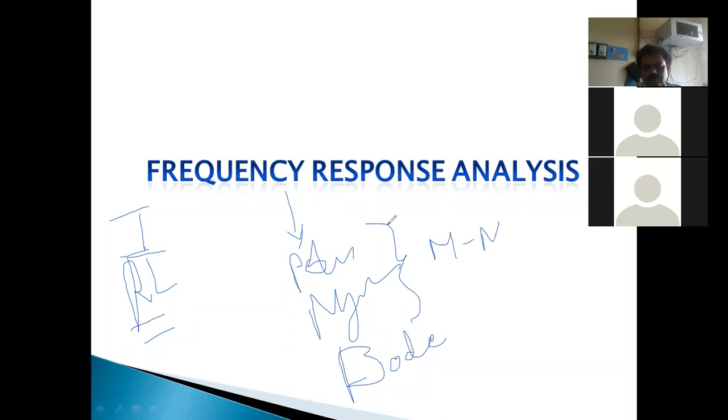These plots are used to analyze the frequency response curves. We'll discuss one by one.